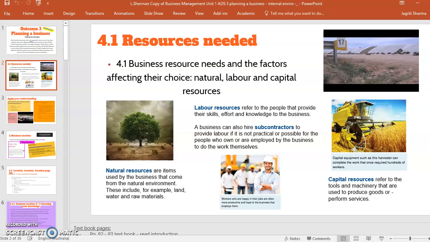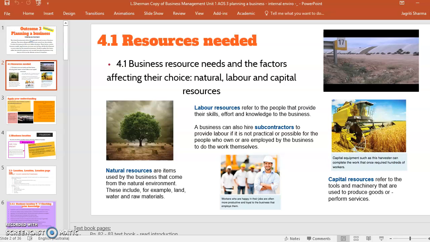How can they reduce wastage and environmental damage during the production process? You also need to consider if the natural resources are sustainable, easily accessible, and within the reach of your business. You don't want to be spending a lot of money to source the natural resources and then your product is not worth that money. These are all things that you need to consider.